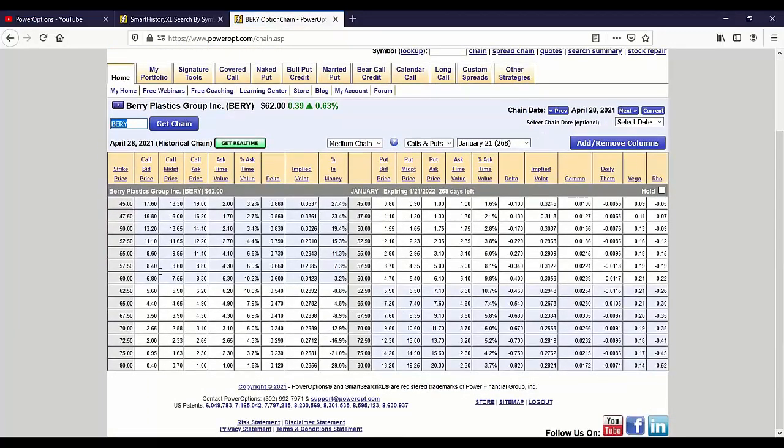Perfect. So with the stock at $62 at the close, Dave, we do have a 62.5 strike, and the mid price was $6.50. So we're going to use the 62.50 strike at $6.50. We're going to hold on to the chain for a moment here and come back to it in just a moment.